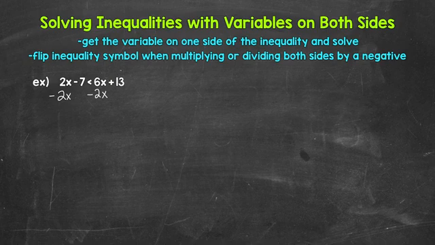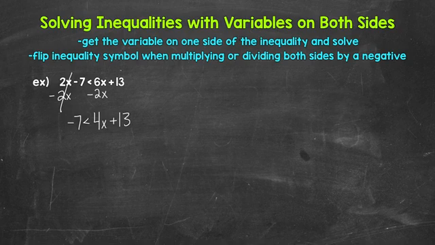The 2x's on the left cancel each other out. So now we have negative 7 is less than. And then on the right side, we have 6x minus 2x. We can subtract those like terms. 6x minus 2x gives us 4x, and then we can bring down plus 13. So now we have negative 7 is less than 4x plus 13.